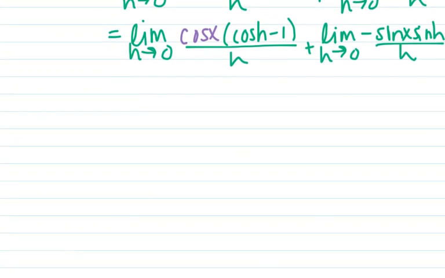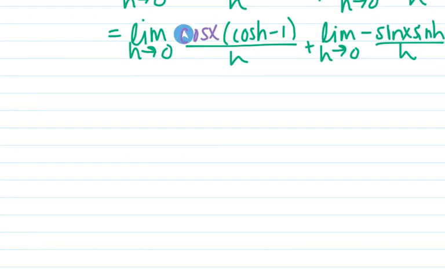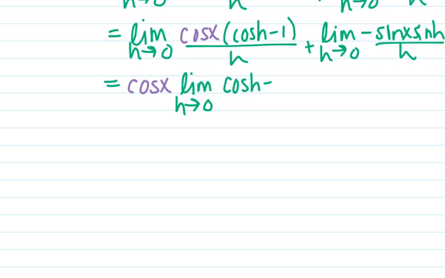Okay. So now let's pull things out front that have just x's, right? We don't need those inside the limit. So I'll pull out my cosine x times the limit as h approaches 0 of cosine h minus 1 all over h, plus, over here I can pull out this minus sine x, and that leaves the limit as h approaches 0 of sine h over h.